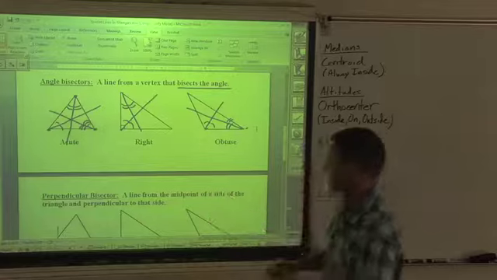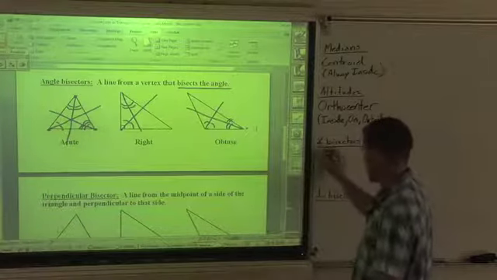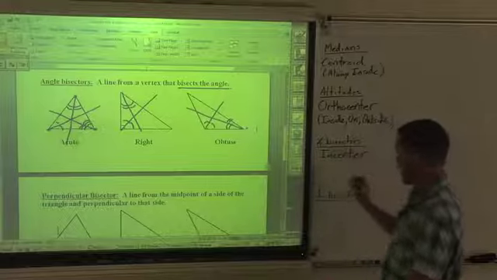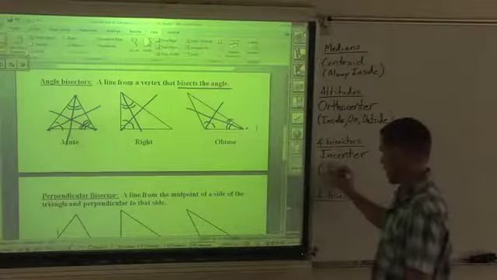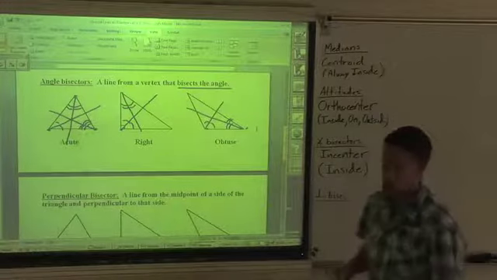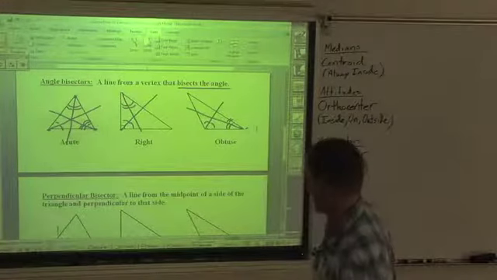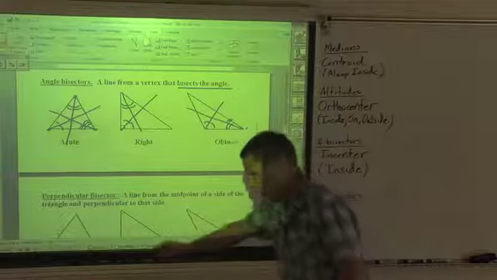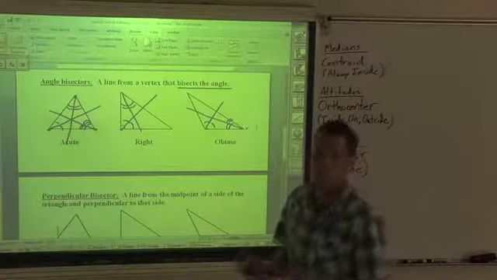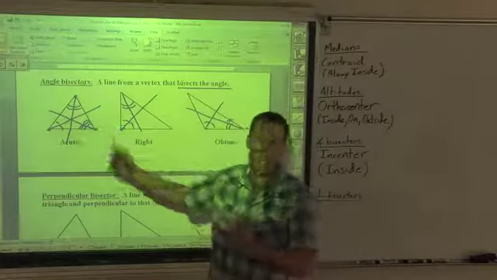This point where they come together is called the incenter. And the incenter will always be inside the triangle, no matter what. Now I don't know if my board will allow me to draw this, so if not, I'll try it on the whiteboard. But the incenter of the triangle is very cool.